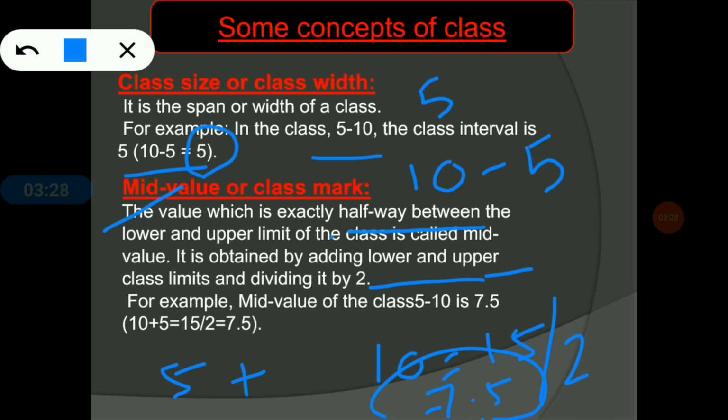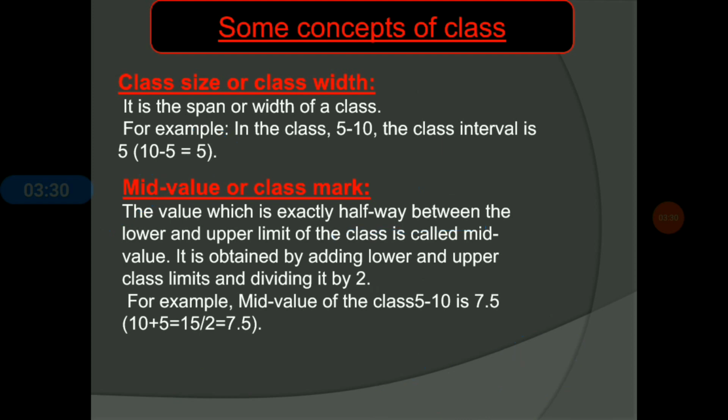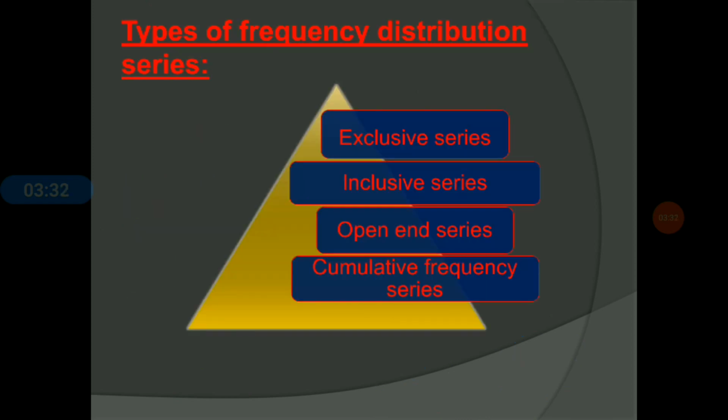Now move on to the next slide, where we can see the types of frequency distribution series. We have already discussed what a frequency distribution is, discrete frequency distribution, continuous frequency distribution, and so on, but today we will discuss the types of frequency distribution series.